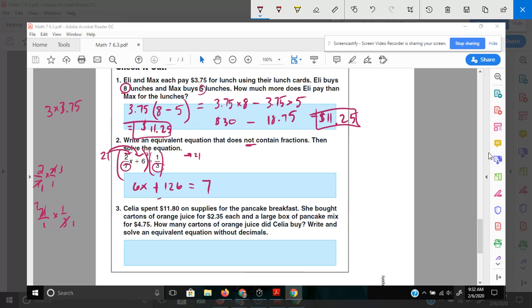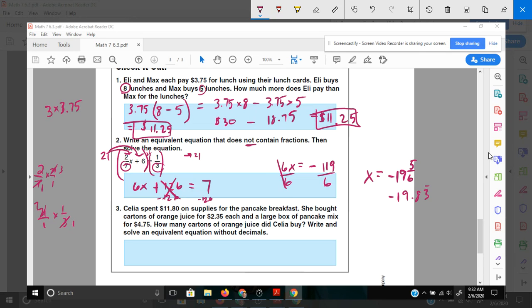Now to solve, I'd have to subtract 126 on both sides. That will leave me with 6x equals 7 minus 126 would be negative 119. And then divide each side by 6. Should come up with x equals negative 119/6, or if you wrote that in decimal form, negative 19.83 repeating.